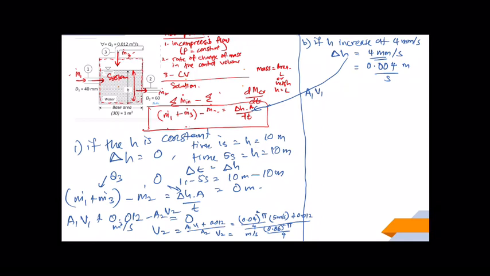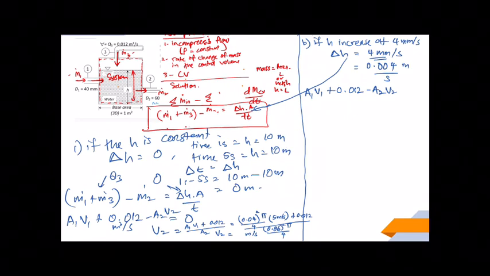A1 V1 plus 0.012 minus A2 V2 equal to what? 0.004 delta H times what? Area, the base area given here, 1 meter squared.